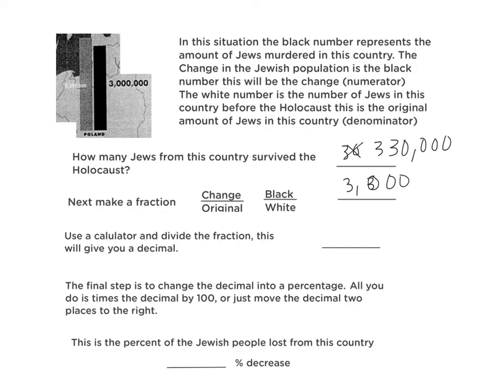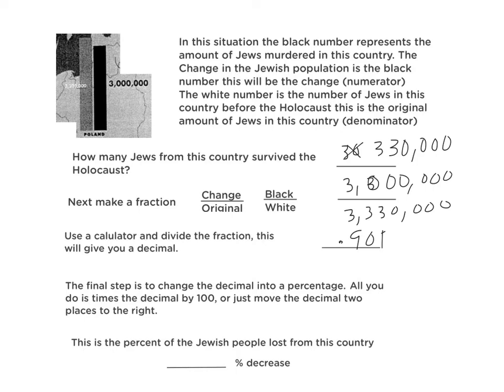Okay. Now we're going to make a fraction, so this is going to be 300,000 divided by 3,330,000. And then we're going to divide that using a calculator. And I get 0.901 if you wanted to round it.